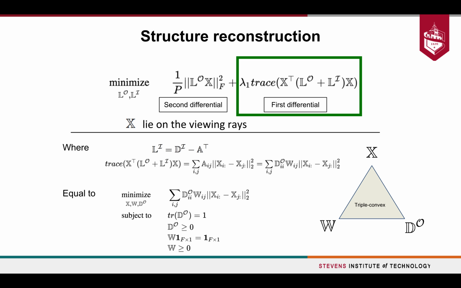It is in the form of X transpose L X, and it means trying to penalize the distance between each neighboring frame, like nodes that have edges between them.